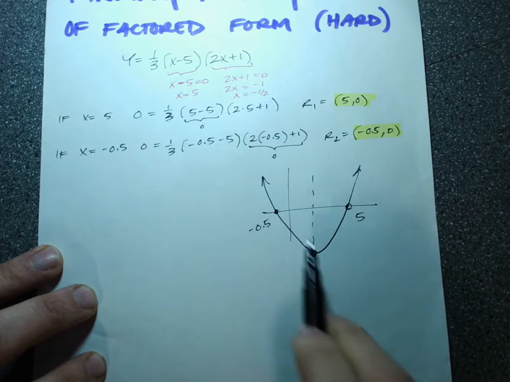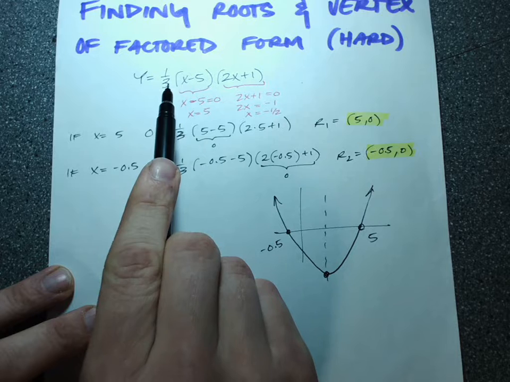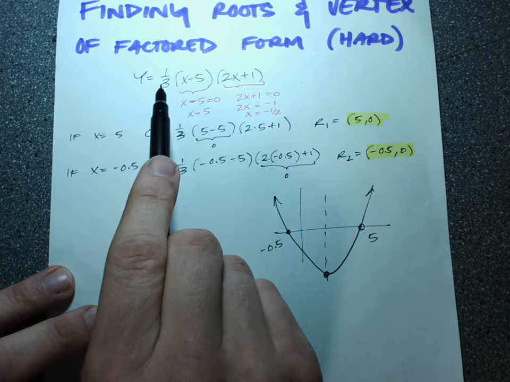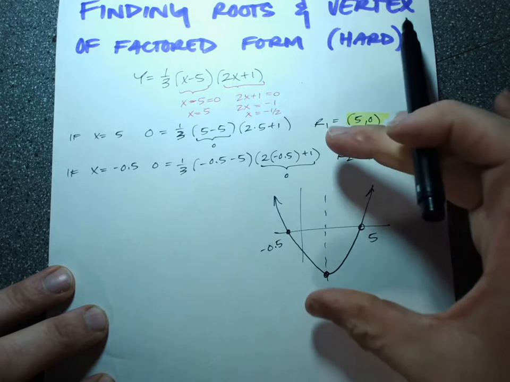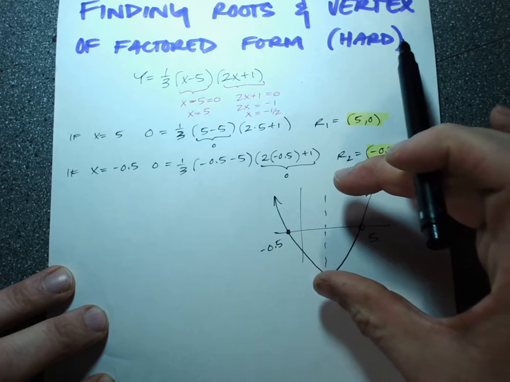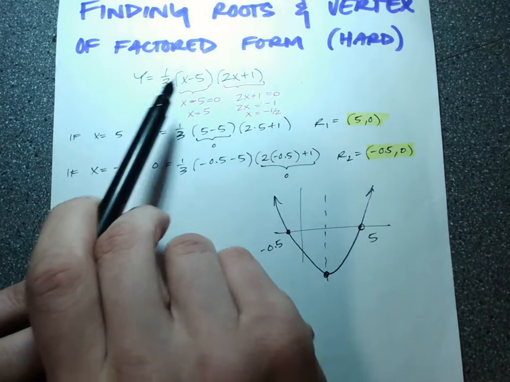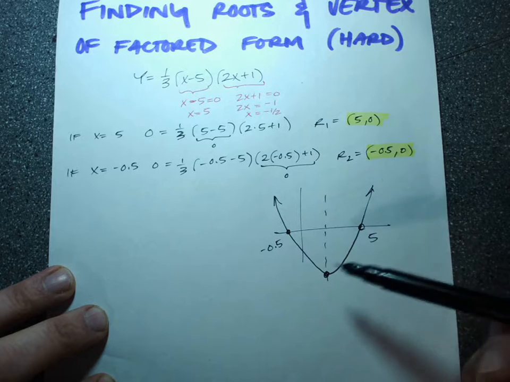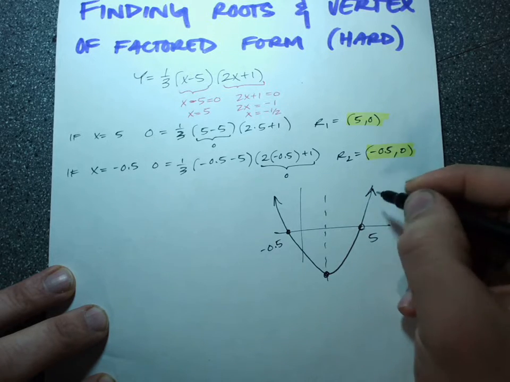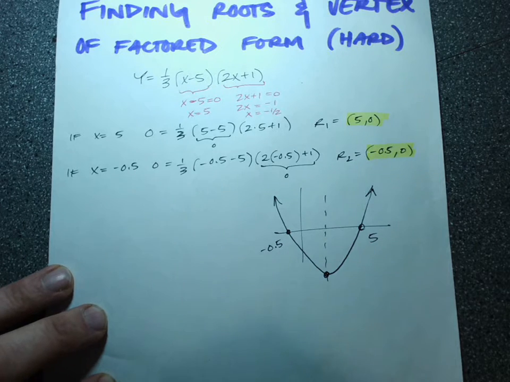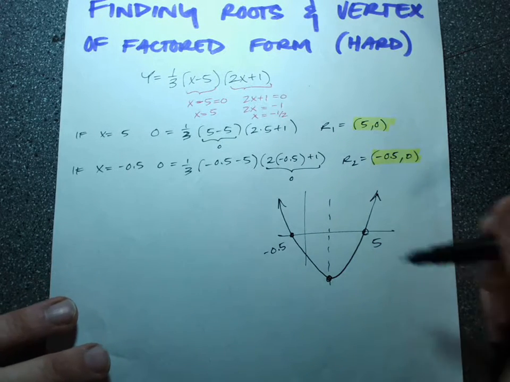Now, I knew this opened up because of the leading coefficient, the 1/3. It is a vertical shrink because this number is less than 1. That makes it a little bit more squished than a normal parabola with a leading coefficient of 1. But since it is a positive number, it's going to open upwards, which is called concave up. If it was negative, it would go the other way. It would be concave downwards.